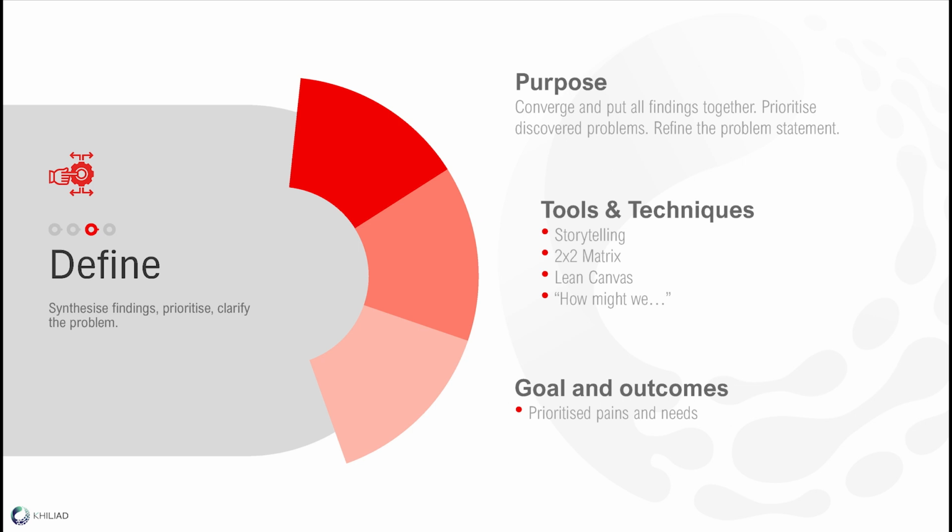From there, because at this moment we may have 5, sometimes even more different personas, we need to put it all together. We need to somehow systematize and collect all this information in one place.